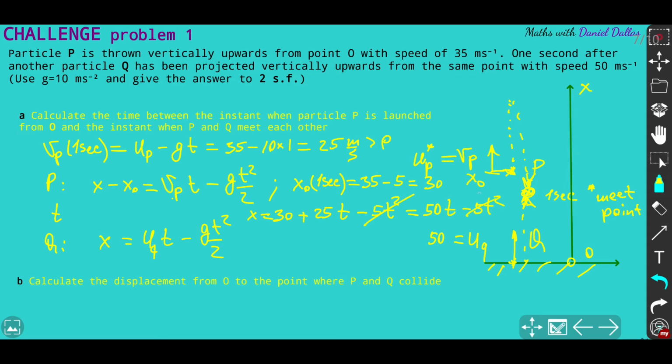Here you can cancel more easily, and with the same 30 and 50 and 25, we get 30 equals 25t, from where t is again 1.2 seconds, but don't forget to add that 1 second to get the total time. Obviously you need to add this, and we got the same answer. So it's maybe more complicated in terms of taking into consideration several formulas, but this approach also works.